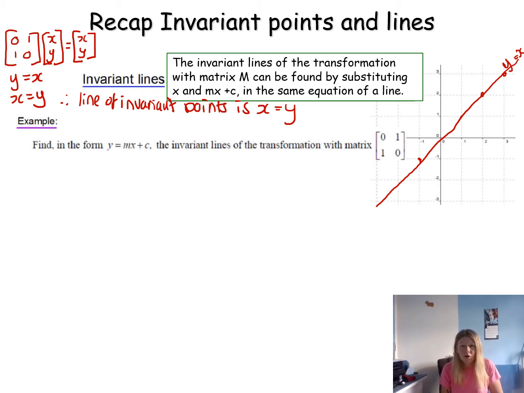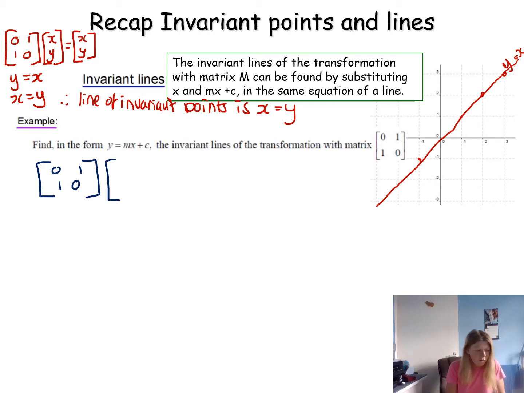Right, let's have a think. So what we are doing is finding the form y equals mx plus c, the invariant lines of the transformation. So what we do here, we've got this matrix, our matrix M. And we're going to put in here a general line.